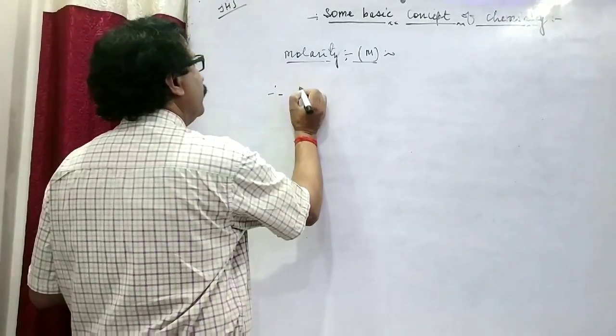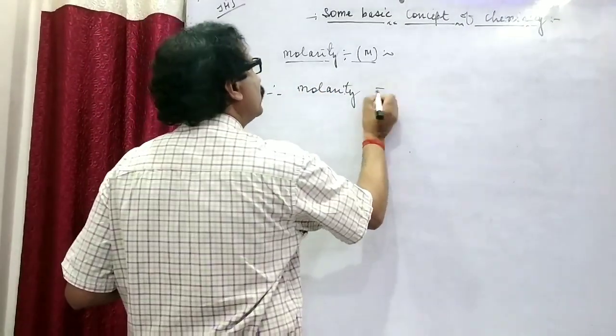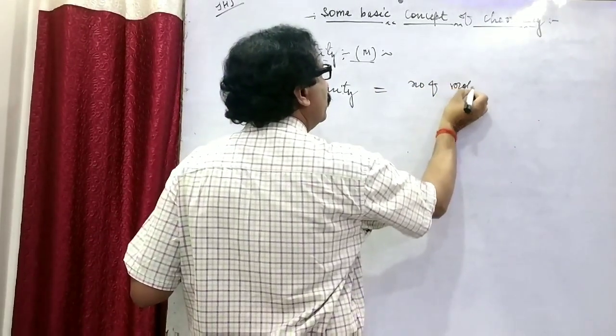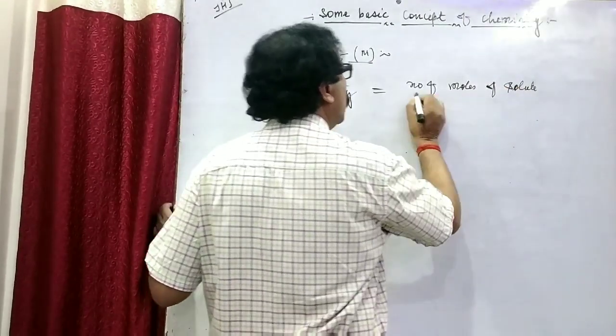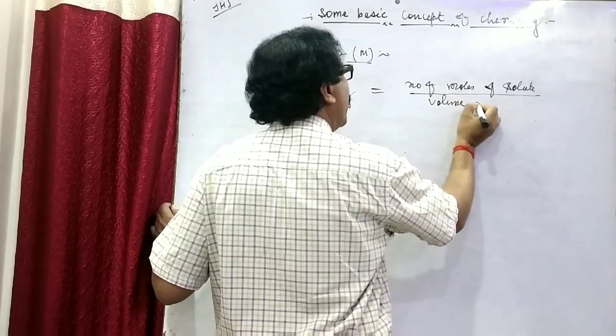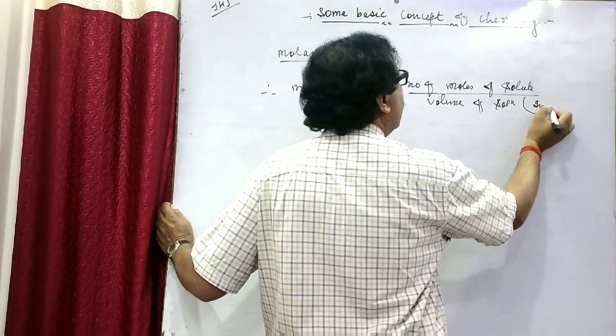Therefore, molarity is equal to the number of moles of solute upon volume of solution in liter.